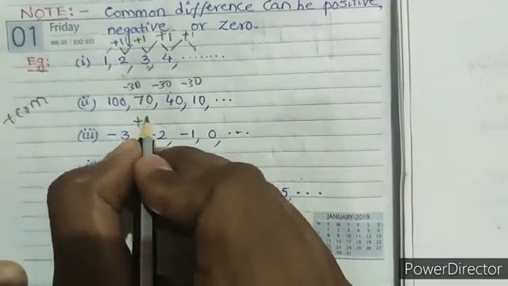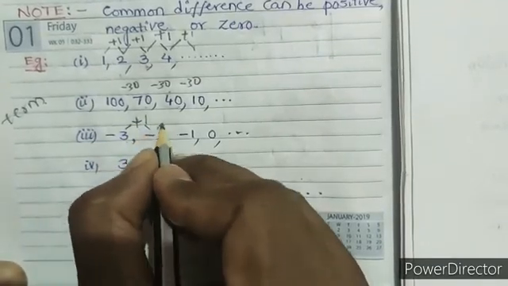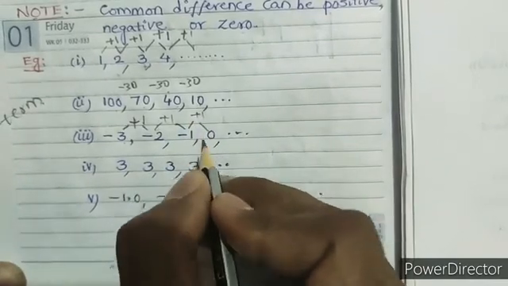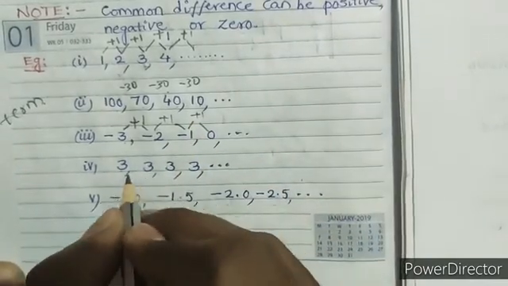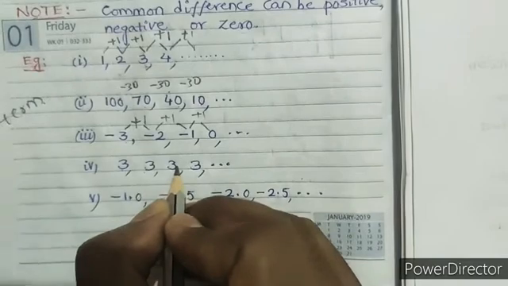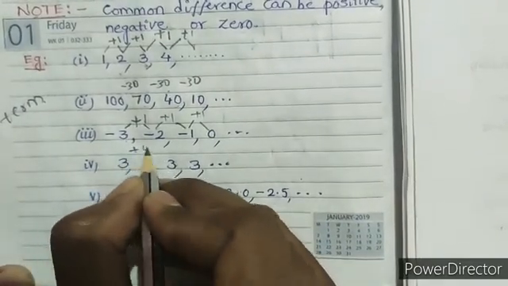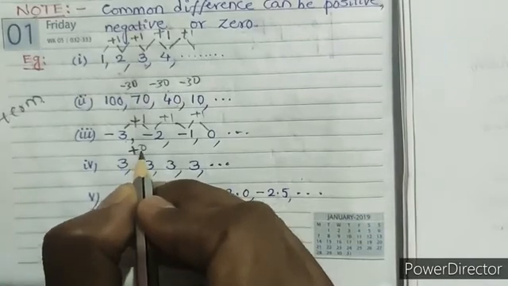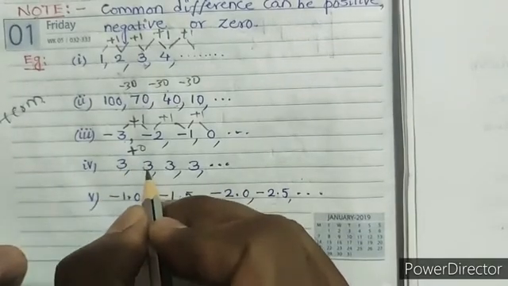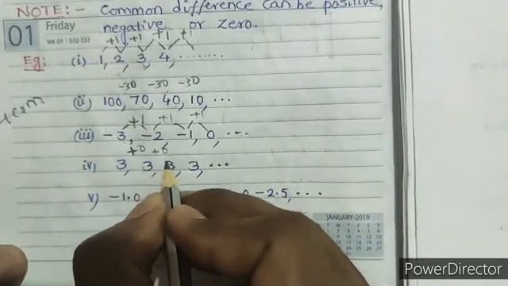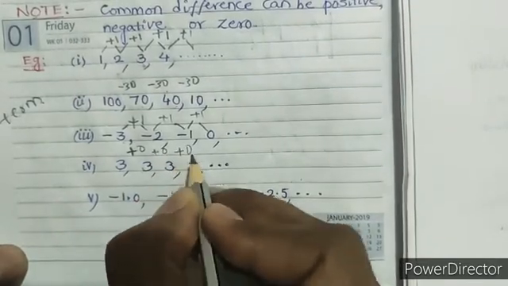So by adding 1, -3 plus 1 will give -2, -2 plus 1 will give -1, -1 plus 1 will give 0. So 3, next number also 3, next number also 3. Everywhere 3 is there. Simply by adding 0 or by subtracting 0 from the preceding number, we will get the succeeding numbers, adding or subtracting. So here I am taking adding only.